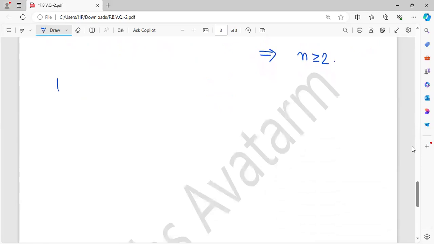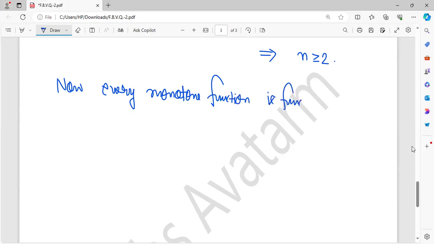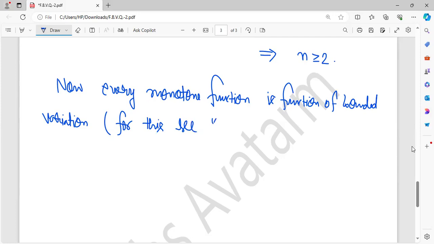Now every monotone function is a function of bounded variation. For the proof of it, see my lecture on functions of bounded variation.